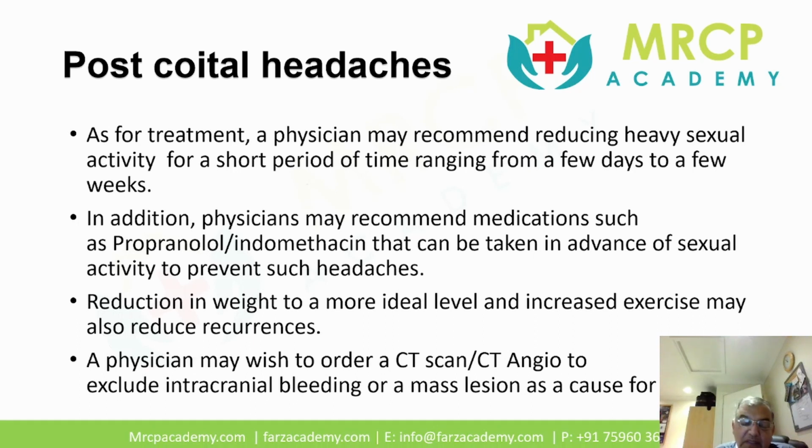Weight loss is recommended, and increased exercise, and at times clinicians, if they have a high index of suspicion, may do a CT or a CT angio or an MR or MR angio to exclude any intracranial bleeding or vascular malformations such as an aneurysm.